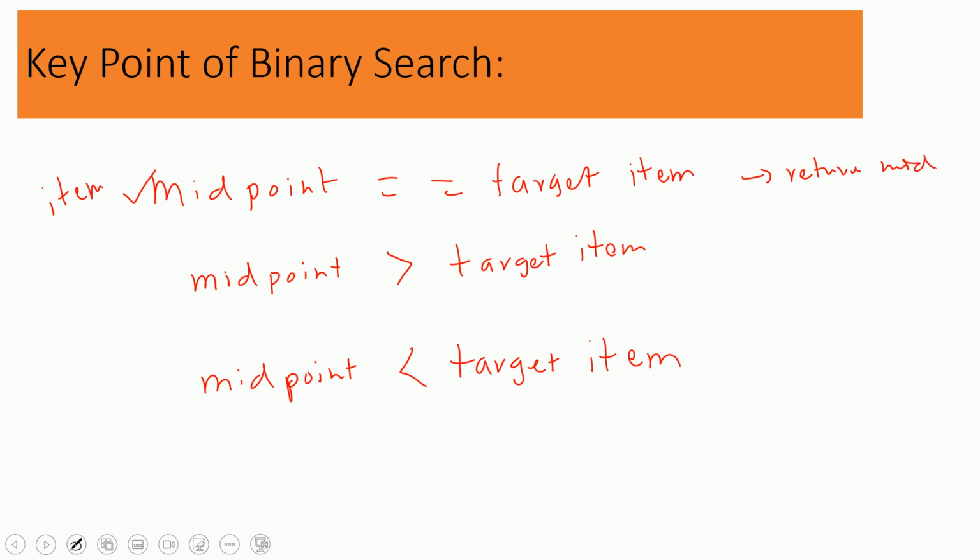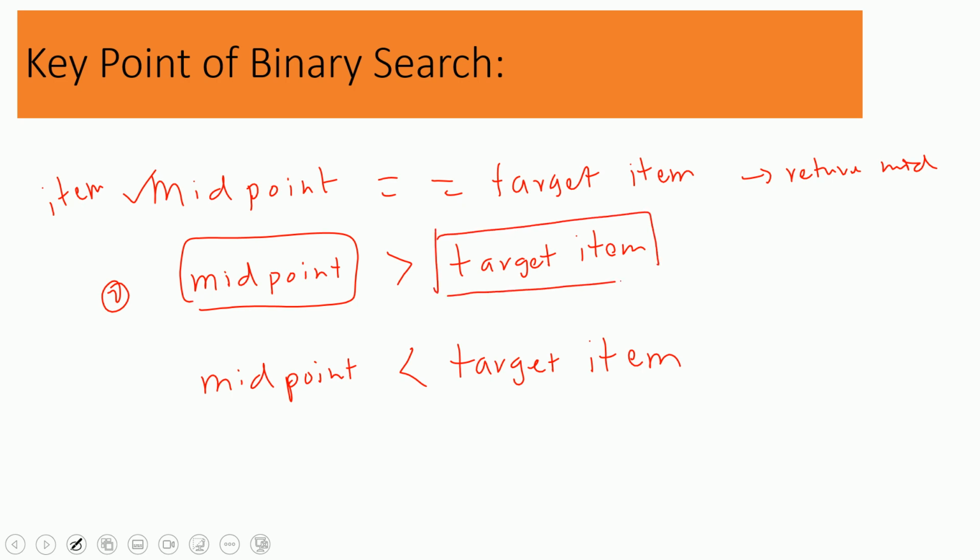If that doesn't match, the second condition is whether my midpoint item is greater than the target item. If it is, I'm going to delete the last half and keep the first half. On the other hand, if that's not the case, we delete the first half and keep the last half.